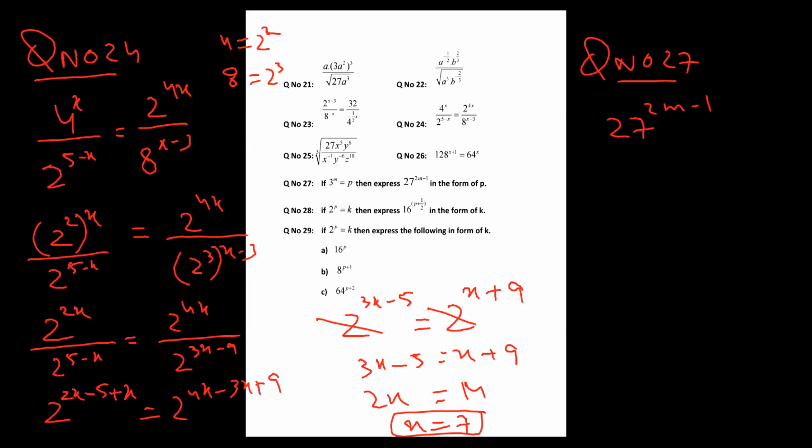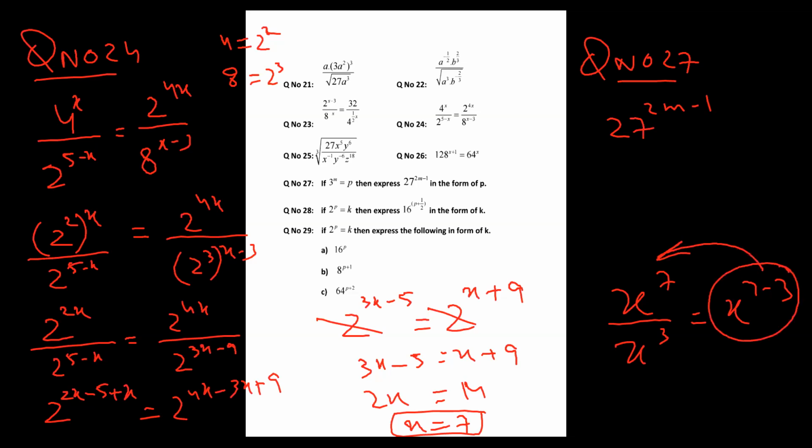My question for you: normally what do we do with x to power 7 by x to power 3? What do we do? Okay, Ibad, 7 minus 3. Ibad, open your mic, yes or no? Yes, sir. Ibad, if I have this, can I go backward? Backward means x to power 7 up, x to power 3 down. Yes or no?